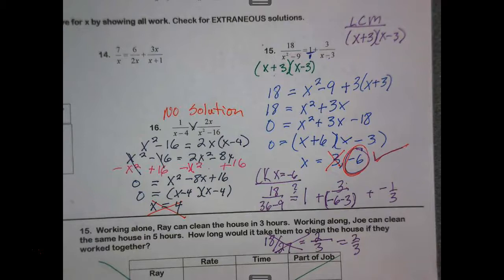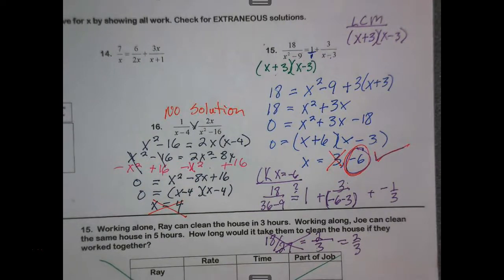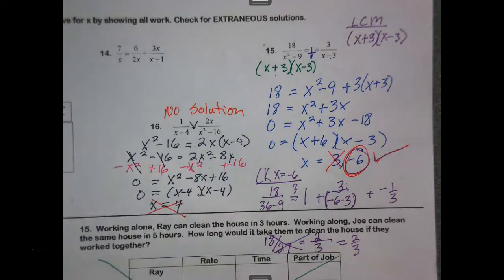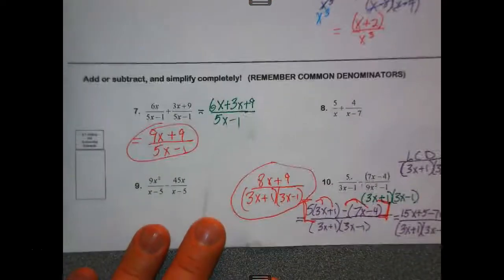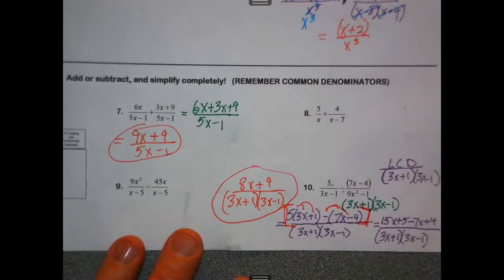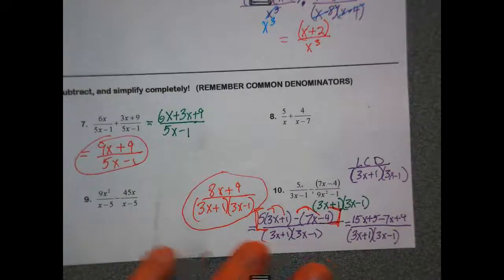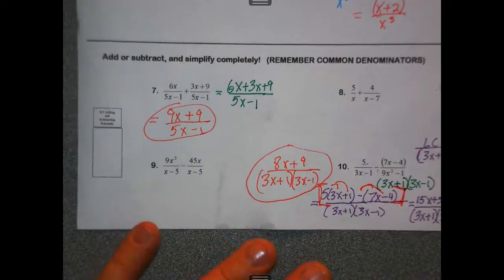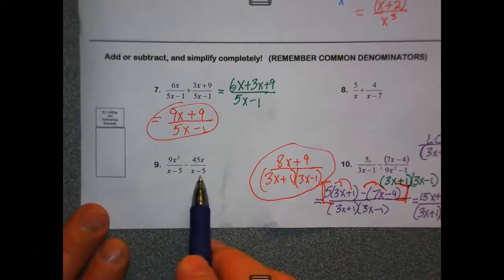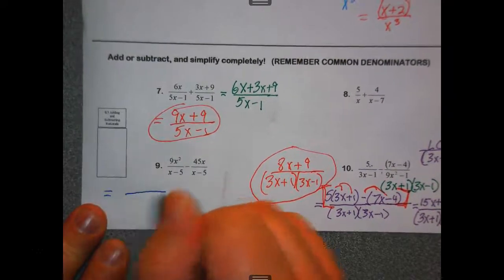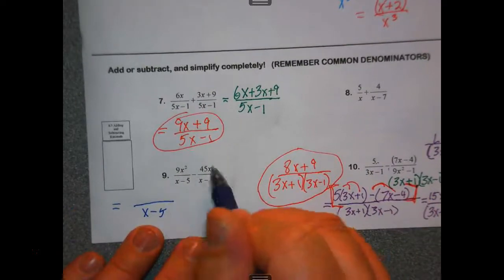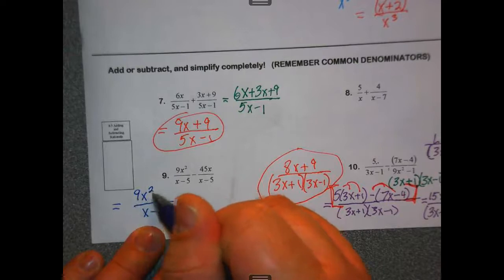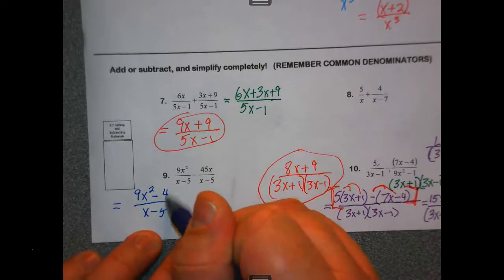Then 14? Yes, it is. Yes, 8 and 5 I believe are harder. You are correct. Because you have to find a common denominator. Like number 9 is easy because you already have a common denominator. So you're just going to combine these. Be careful.